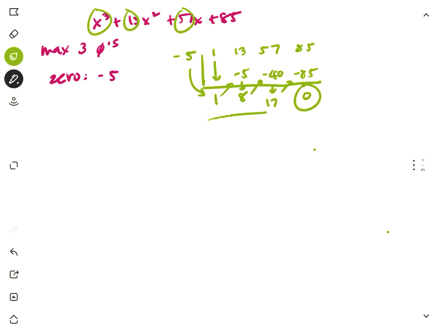Remember, the remaining numbers are our x squared, our x, and our constant. So we have x squared plus 8x plus 17.